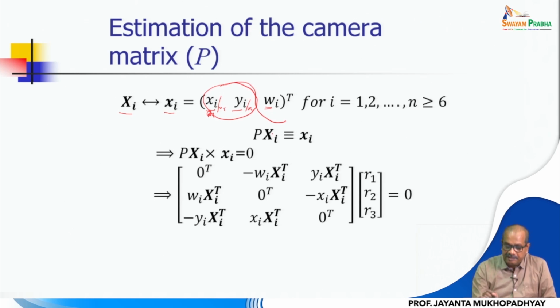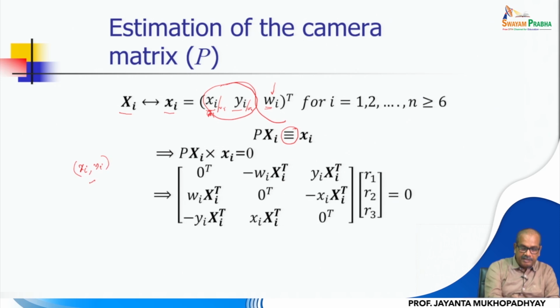Now, the problem is that you have a scale factor associated with this kind of transformation. Because your observations are not with scale factors, when you observe the coordinate say xi, yi, the scale factor is fixed.